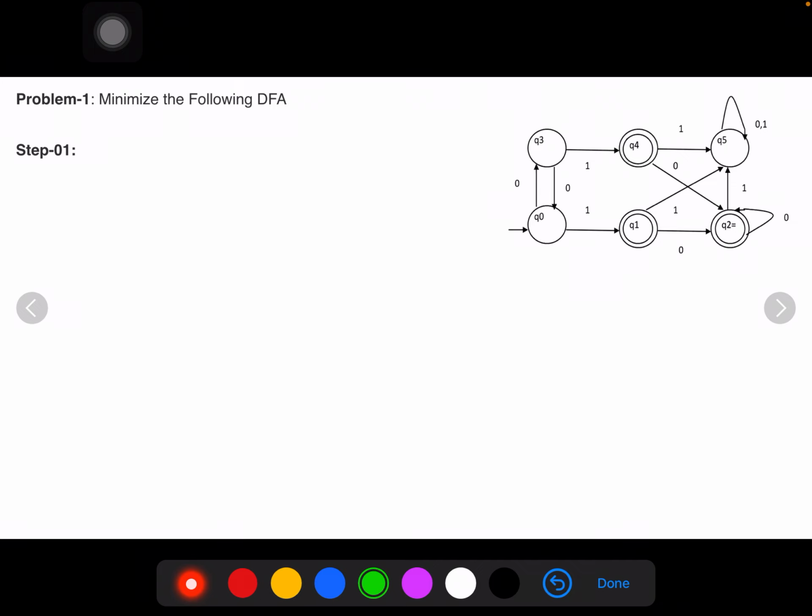There is no dead state at all, because in the given diagram you can reach every state from the starting state, so every state is accessible from the starting state, and there is no state that only transits to itself, such a state would be a dead state. So step 1 is fine: there is no dead state and no inaccessible state in the given DFA.